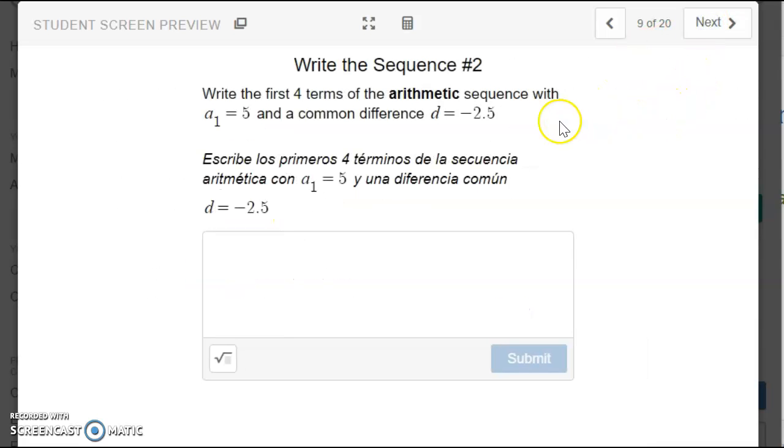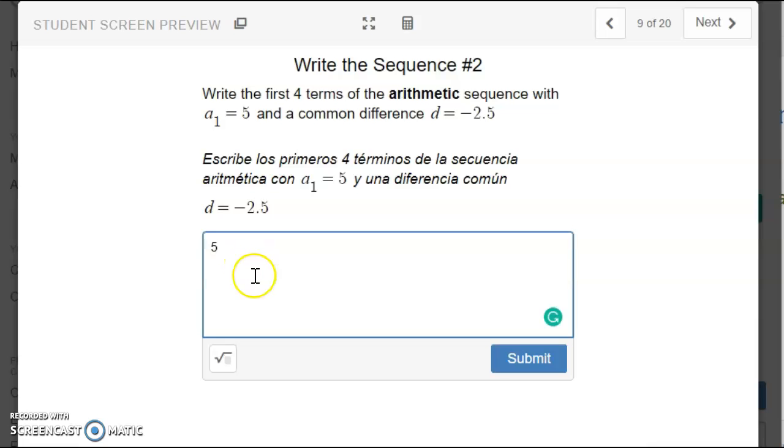All right, so then next one, write the first 4 terms of arithmetic sequence with a of 1 is equal to 5. That means the first term is 5, okay? And the common difference this time is negative 2.5. If you're adding a negative number, that means you're going down.